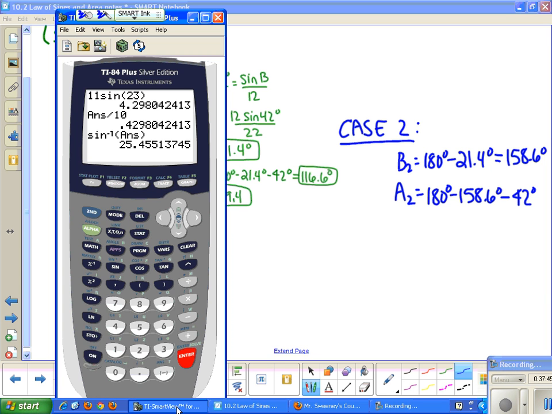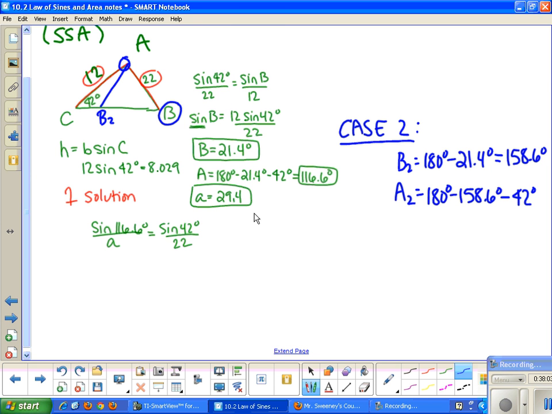Well, notice if you try to do this, we have 180 minus 158.6 minus 42. And notice that I get a negative angle. I can't have a negative angle. And since I can't have a negative angle, that means that these two angle measures are larger than 180 degrees, which we can't have for a triangle.